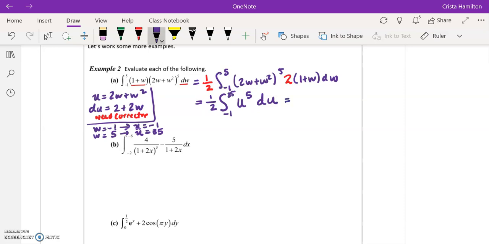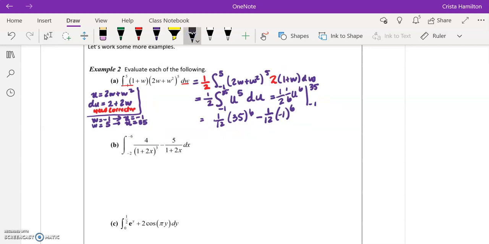We calculate our antiderivative, so u to the 6th divided by 6. Evaluated for negative 1 to 35, and we plug and chug. So I have 1/12, 35 to the 6th, minus 1/12, negative 1 to the 6th. And at that point, I'll stop because the arithmetic is not something that we want to worry about.